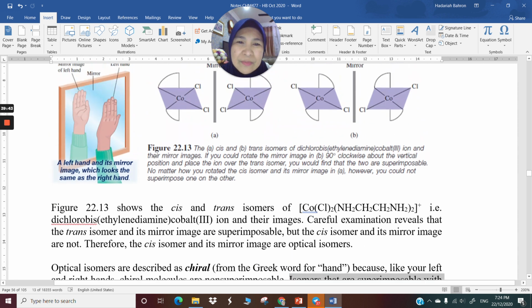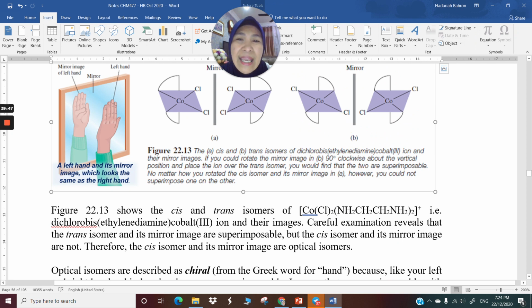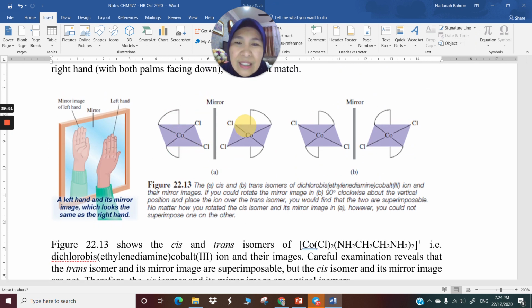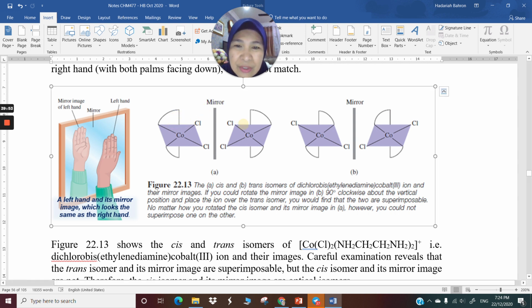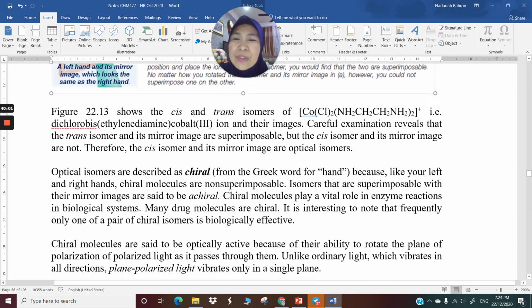So this one that you can superimpose, we call achiral. These two are chiral molecules, because you cannot superimpose them.